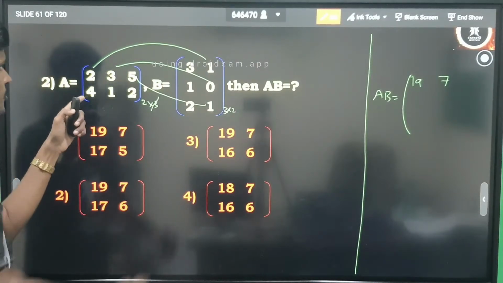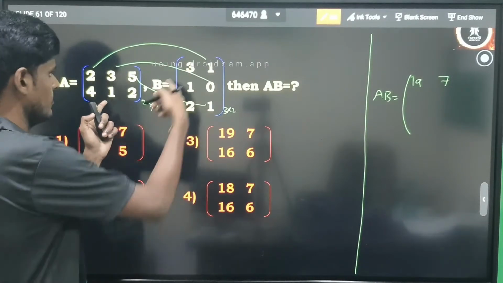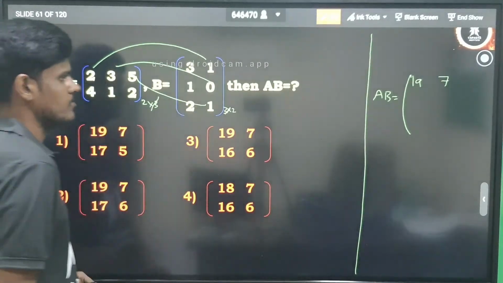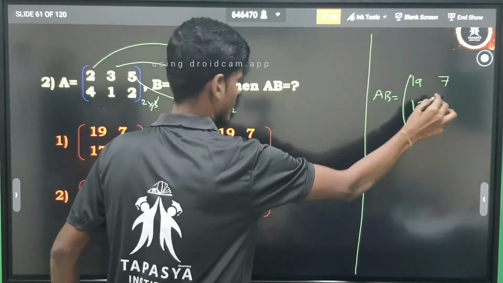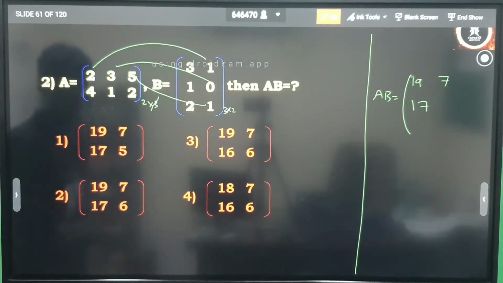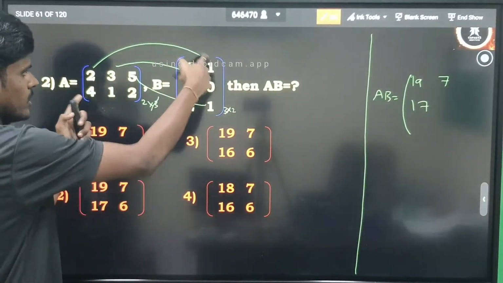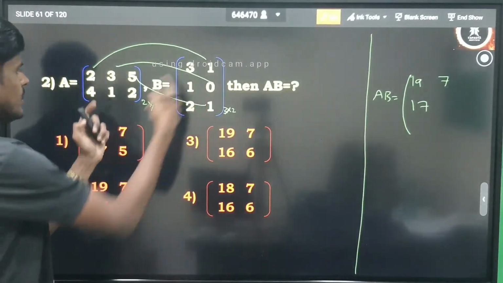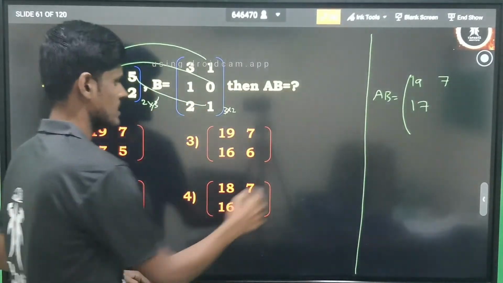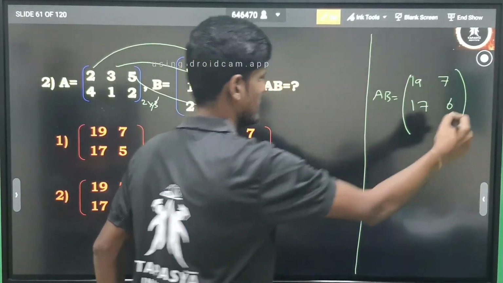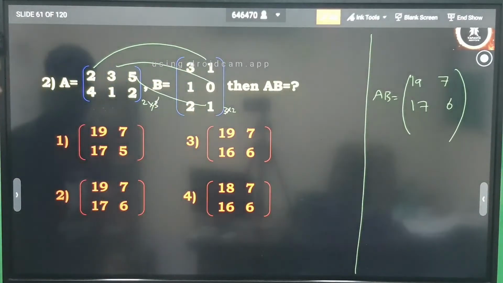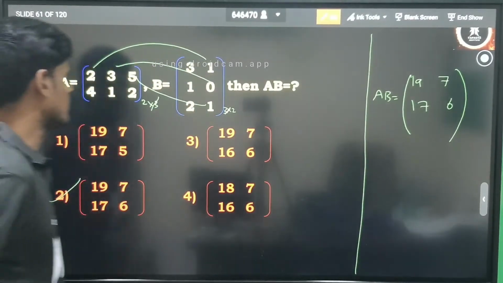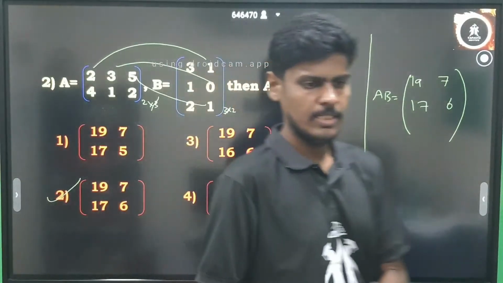Next one, 4 into 3, 12, plus 1, 13, plus 4, 17. Next one, 4 into 1, 4, plus 0, plus 2, 6. So what is AB matrix? 19, 7, 17, 6. Option 2. Easy questions.